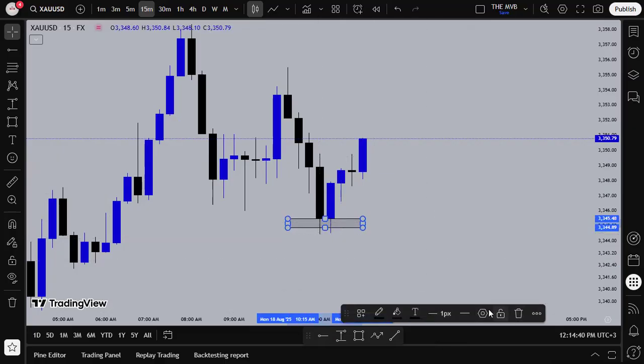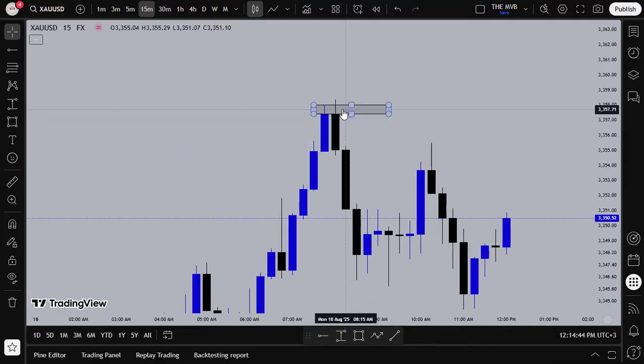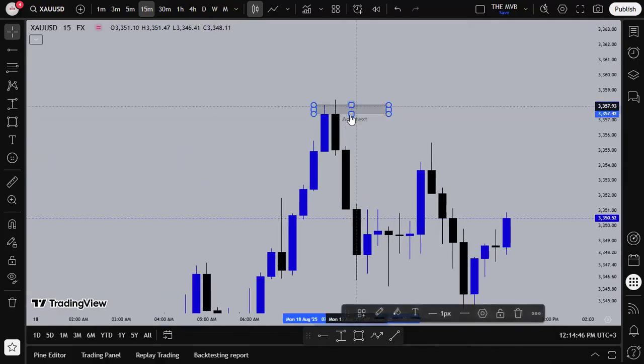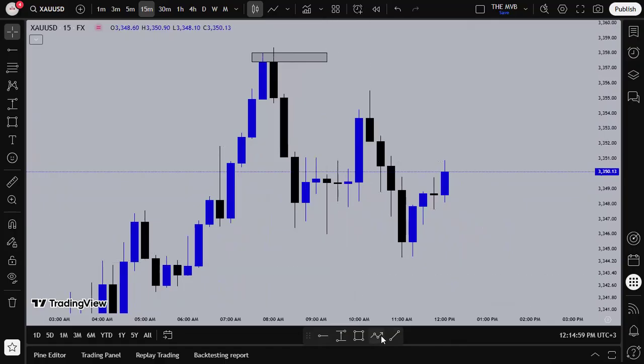Okay, you can see another level right here. You can see the market created a level right there, and the candles were at least the same size of it, and we can see that was a strong level of resistance, and therefore the market went down.